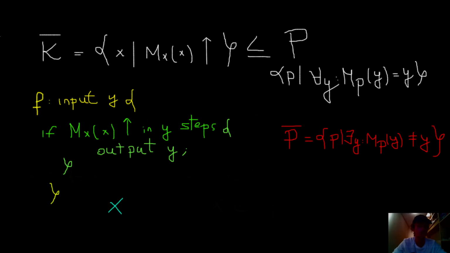Why? Just consider, if we have an element X that doesn't belong to K complementary, it means that this condition is not met. If this condition is not satisfied, we will never go to this instruction. We will never execute this instruction. So the output will not be Y, it will be an output different from Y. So this element will also not belong to P, like so. With this reduction function, we ensure that this happens.